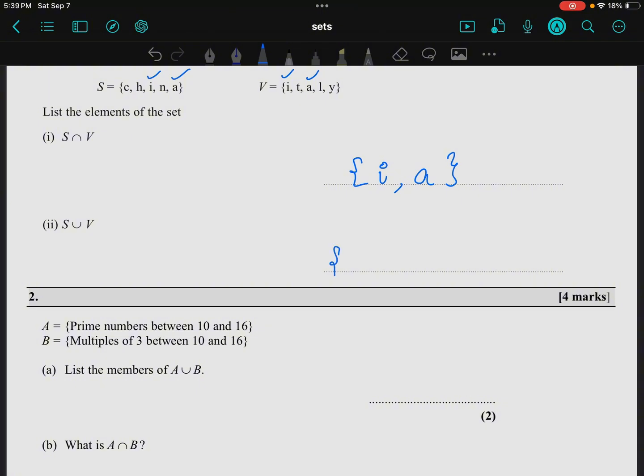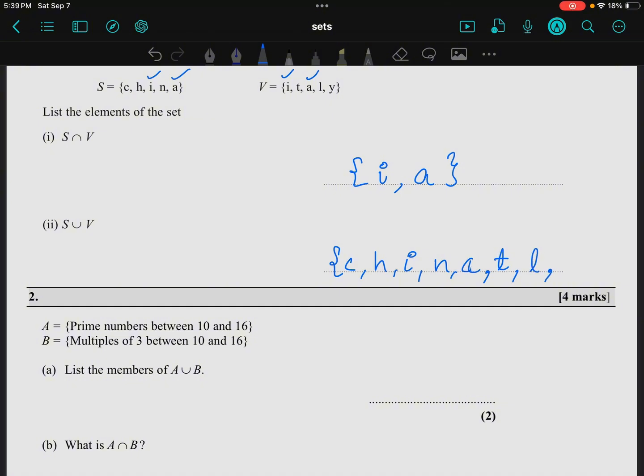Next, S union V. Union means all the elements you have to write. That is C, H, I, N, A, I. Repetition is not allowed in sets. So I is not repeated because I is already written here. CHI is already there. So next is T. Then again A is already written.